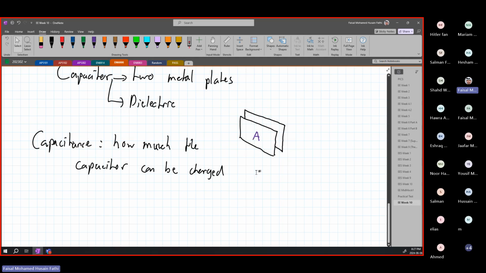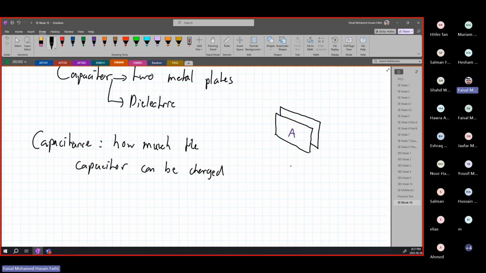Okay, so the capacitor itself has an area. You're going to have an area on the capacitor of these metal sheets, and as area is increasing, the value of your capacitor, or the capacitance, meaning how much you can store, will increase, because here you have your positive side and your negative side on the other side over here.